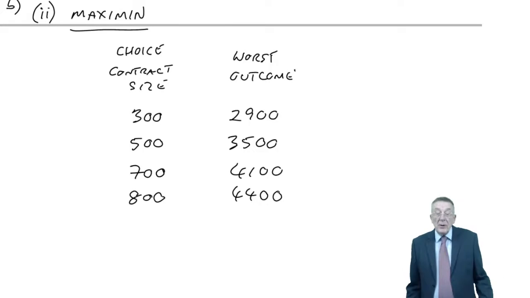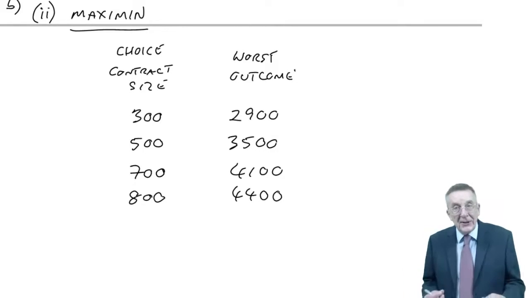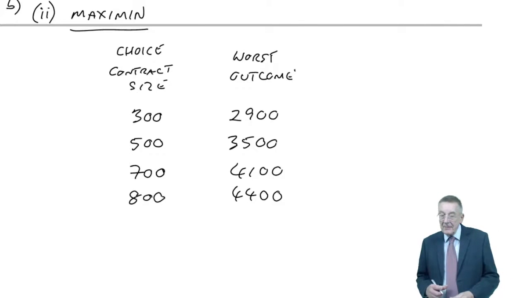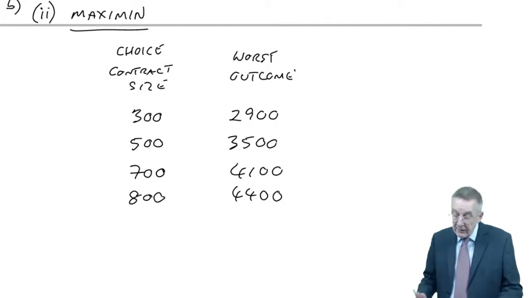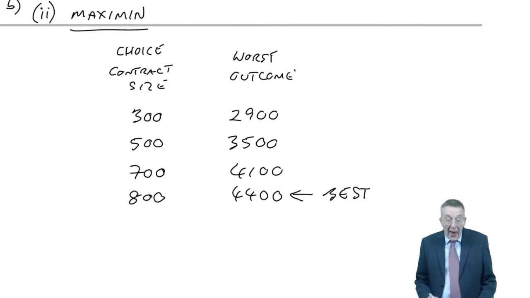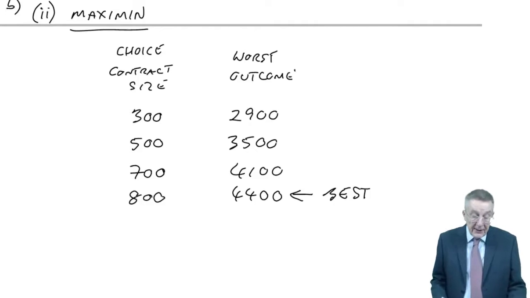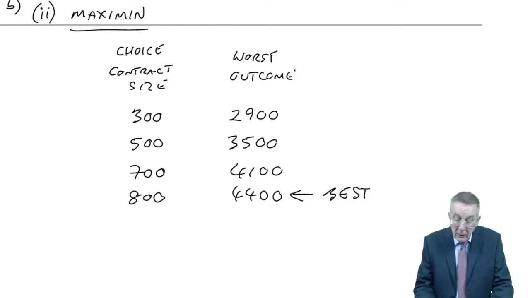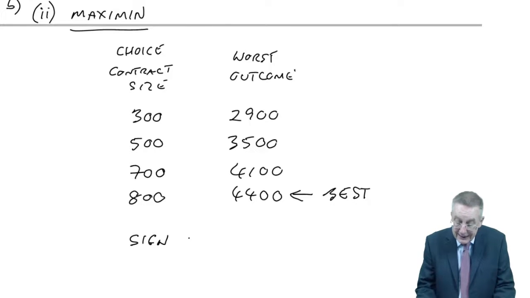We choose whichever is the best of those worst outcomes. So the best of those worst outcomes is this one. And therefore, that would be our decision. We'll sign a contract for 800 units.